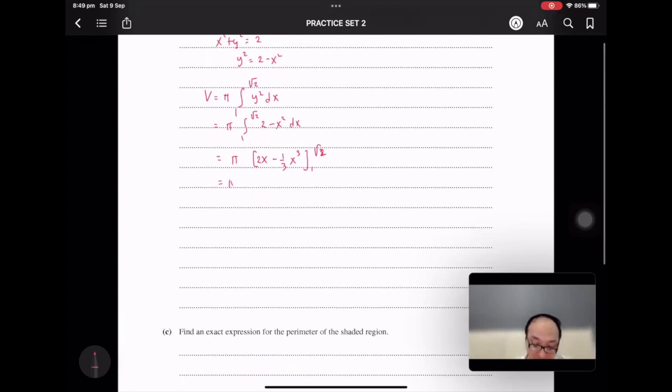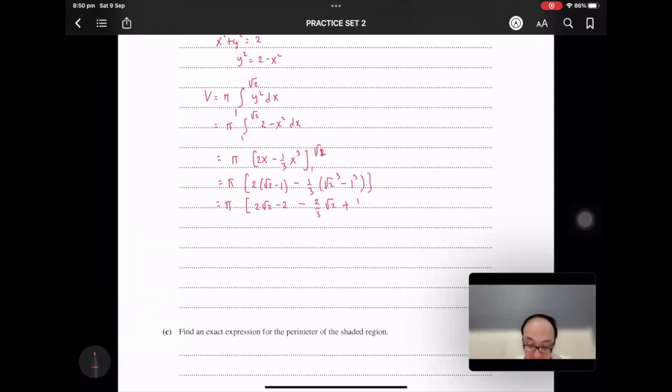So pi, 2 times root 2 minus 1, minus 1 over 3, root 2 cubed minus 1 cubed. So this is pi, I will have 2 root 2 minus 2, minus 2 over 3 root 2, plus 1 over 3.